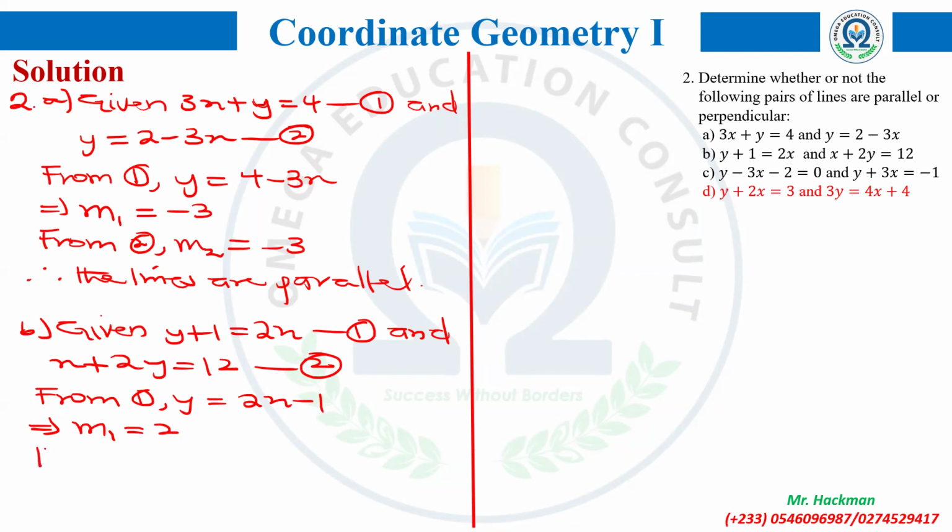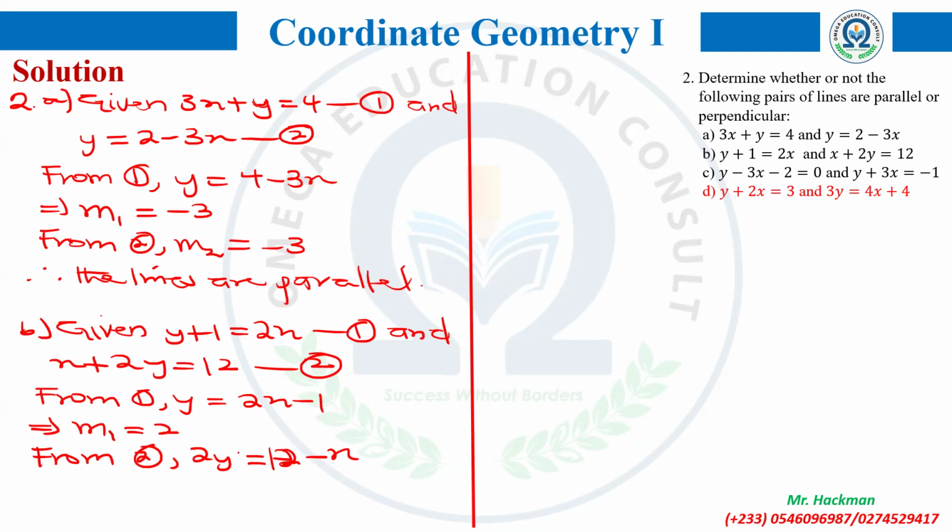Then let's go to our second equation and get the gradient of that line. So equation 2: y is not made the subject, so we are going to make y the subject. We are going to get 2y is equal to minus x plus 12. Let me write the 12 first, the positive first. However, I am going to divide each one by 2 because of the form.